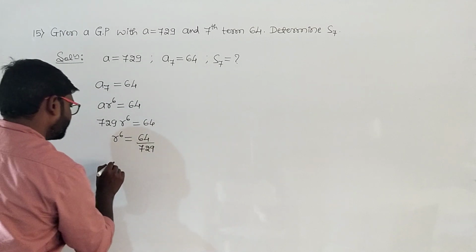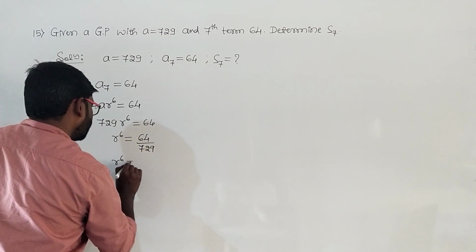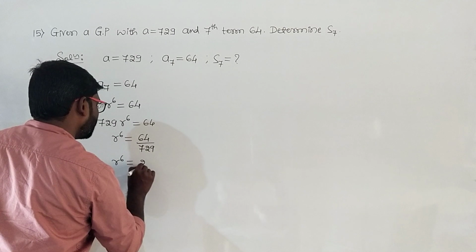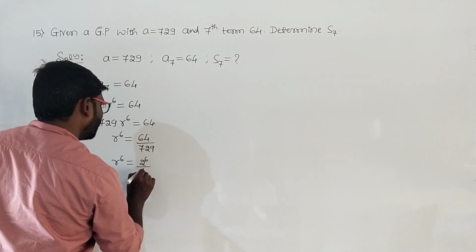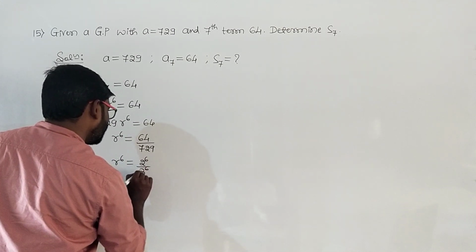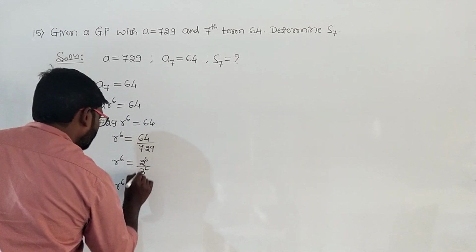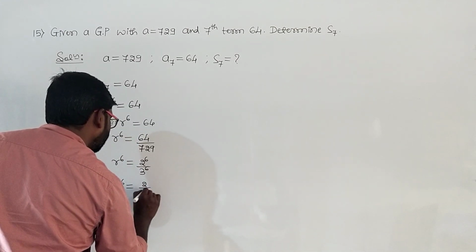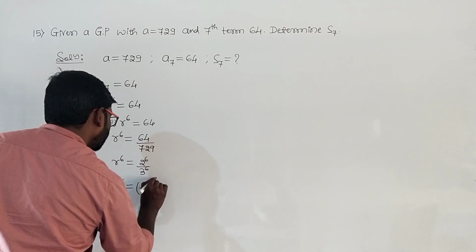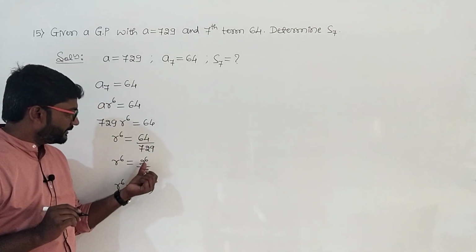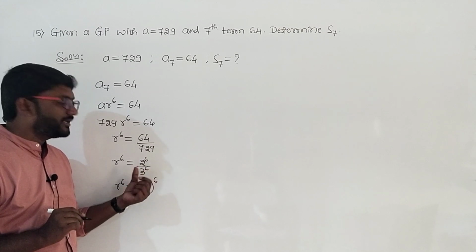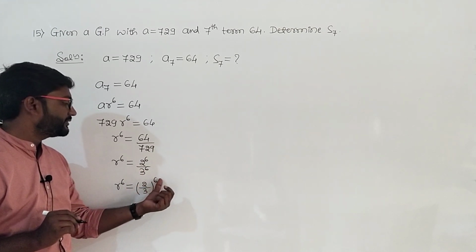Now R to the power 6, which is equals to 64 can be written as 2 raised to 6 and 729 can be written as 3 raised to 6. Overall R to the power 6 equal to 2 by 3 whole to the power 6. So A raised to m by B raised to m can be written as A by B whole raised to m.